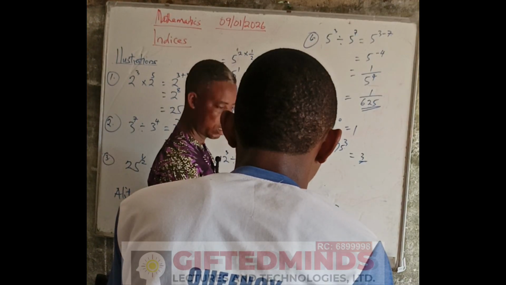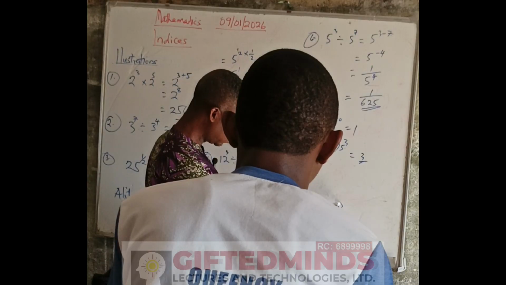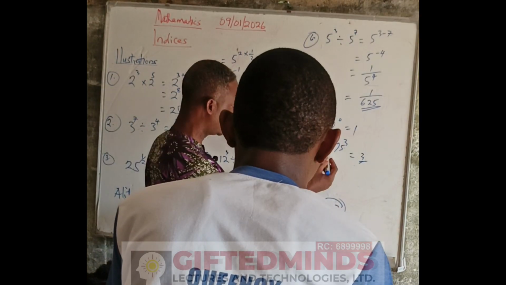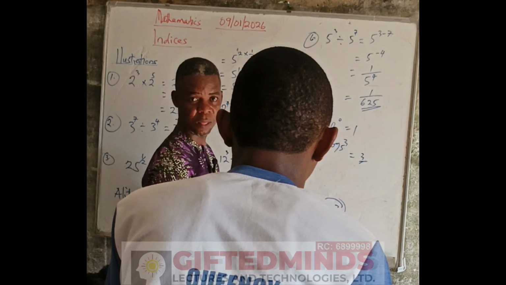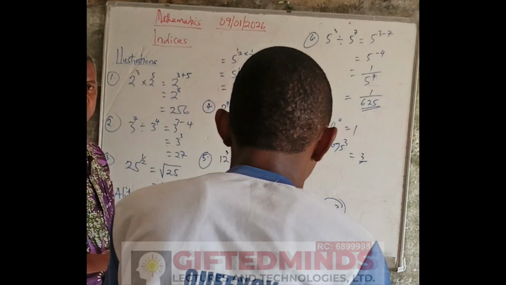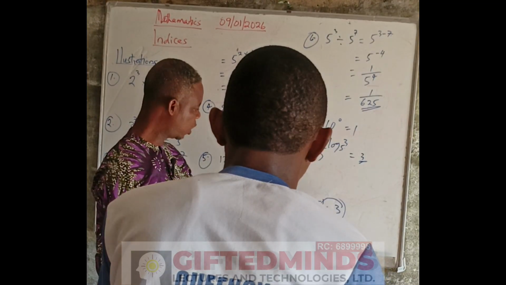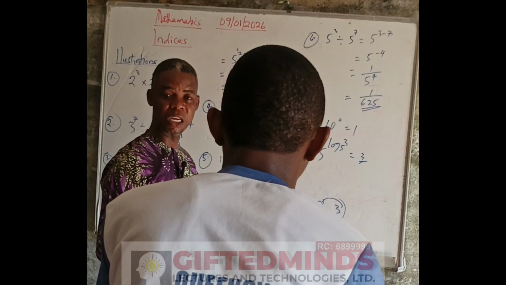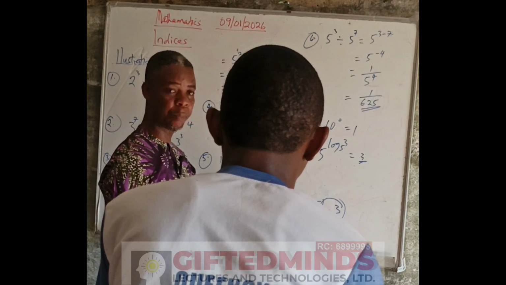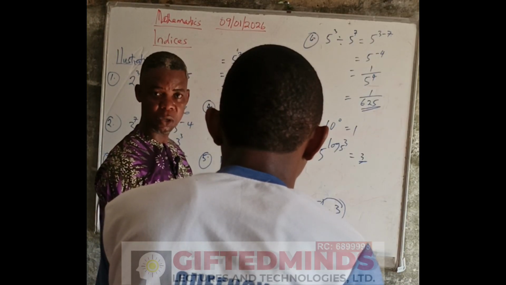This one, 5 raised to the power, this place is the power of 5. The other one is at the same level with 5. Did you hear what I'm saying? This one is on top, this one is at the same level, so it is approached a different way. And this one is logarithm proper, not indices.